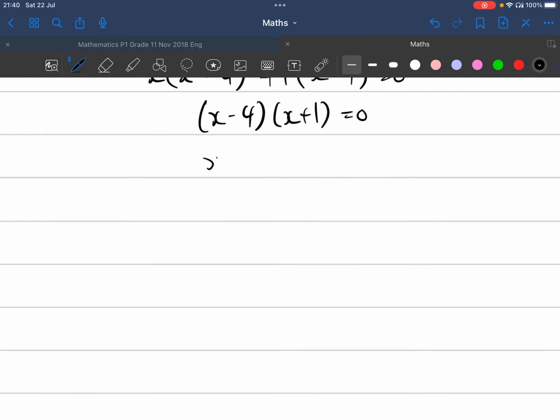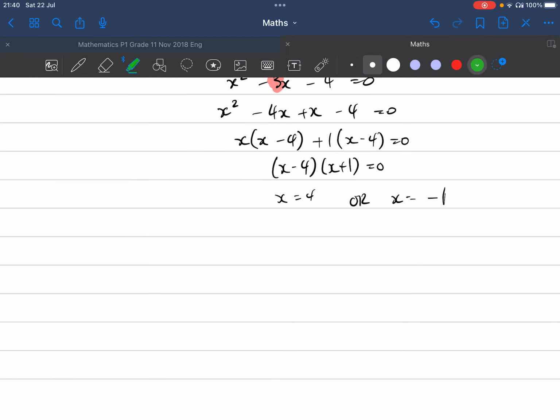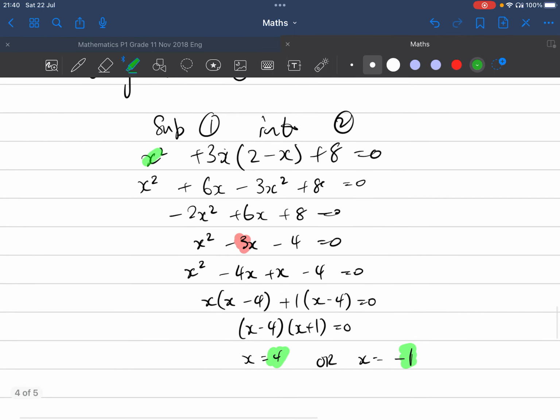Okay, again we can equate each of these to 0 and we get two answers, right? And now at this stage you can test if your answers are correct. So you can take 4 and minus 1 and sub it in wherever you see x. So you start with 4, wherever you see x you substitute it in, and if you get 0 that means your answer is right.